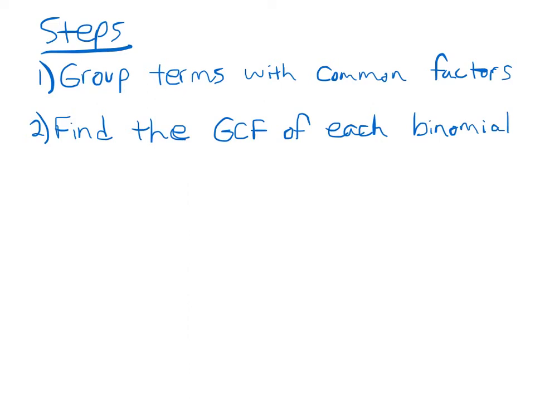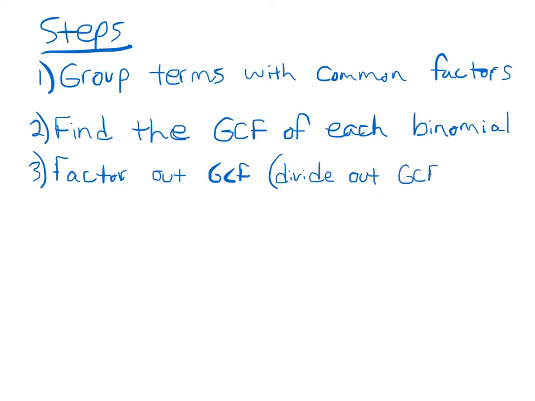And that's a step that you'll see that we've already actually done. You should know how to do that. Okay. Step 3 is going to be to factor out the GCF. So once you find the GCF, you got to factor out the GCF, and we know that we do that. We basically divide out the GCF.